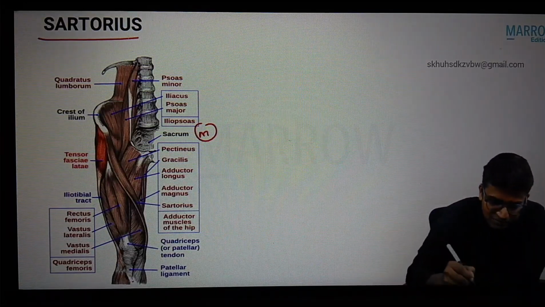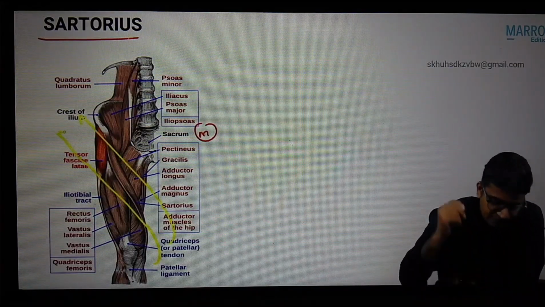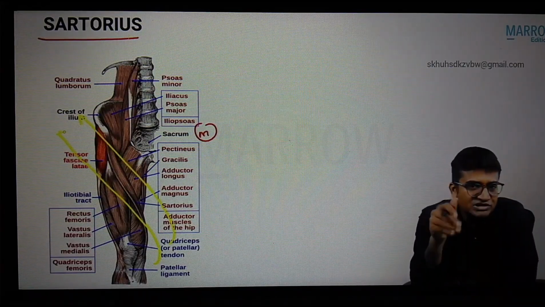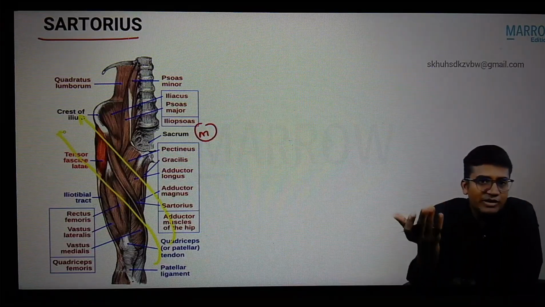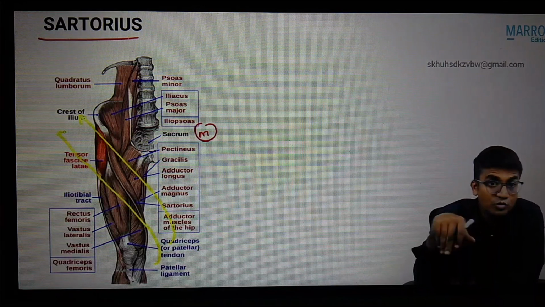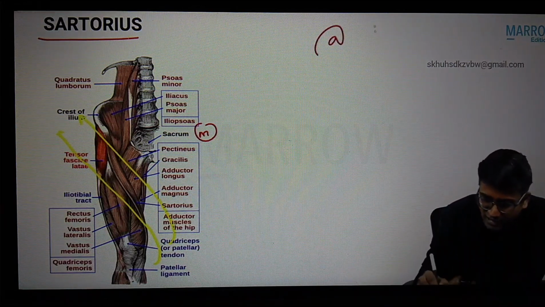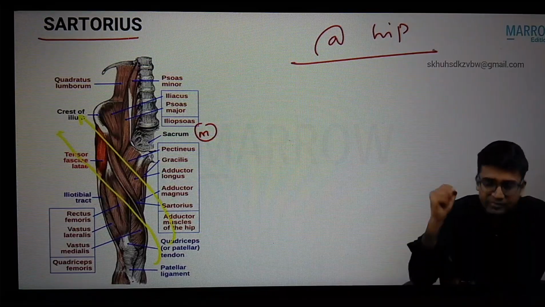So the insertion point moves towards the origin point like this. The insertion point is medial, the origin point is lateral. So now what is the action of the sartorius at the hip joint?